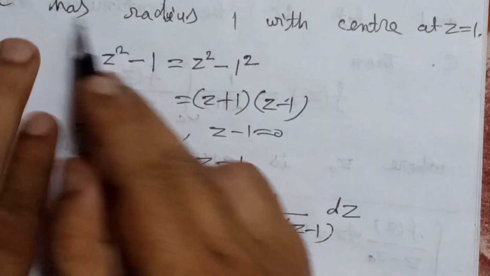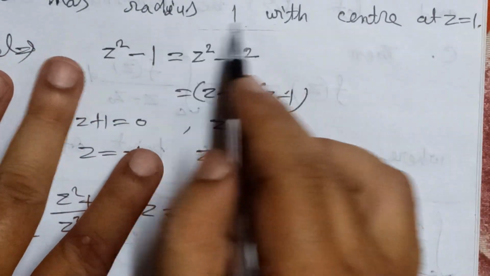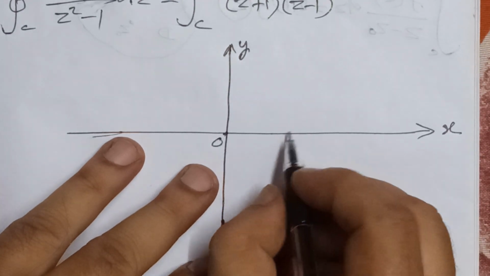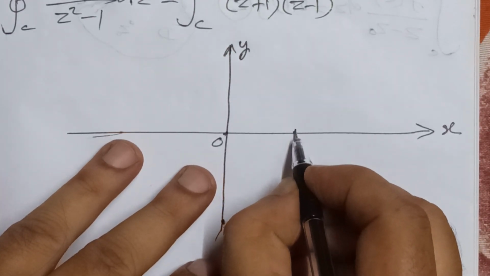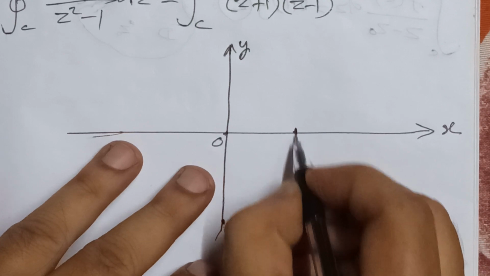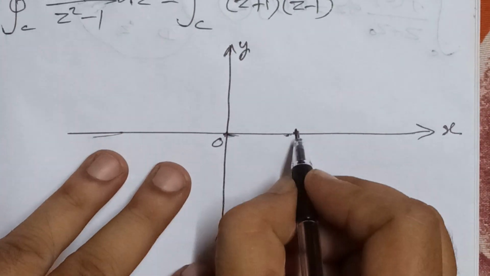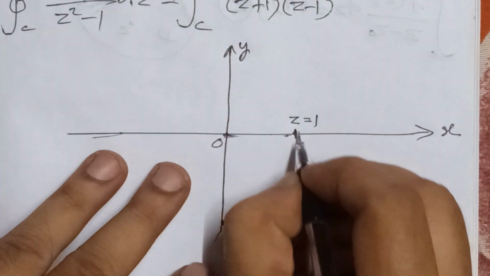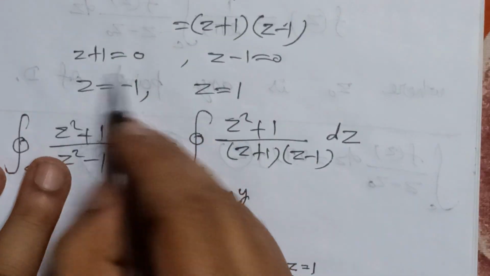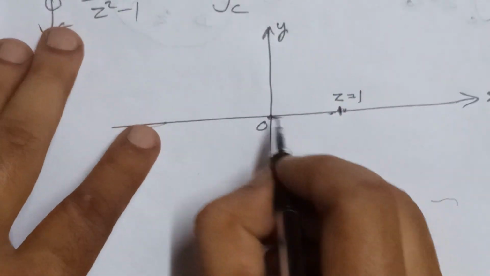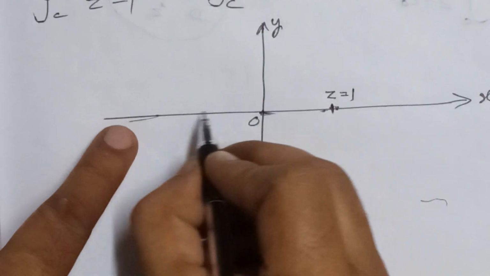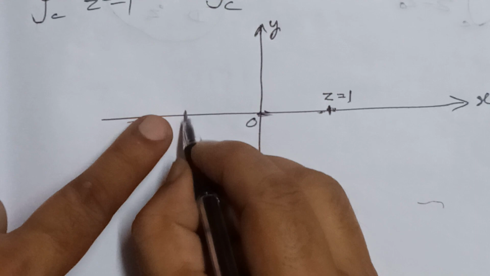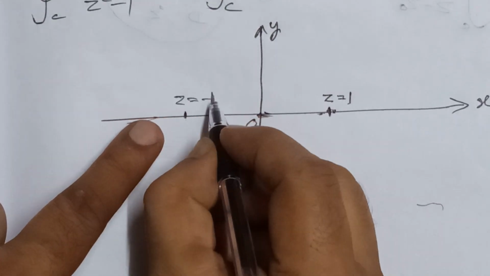We are given that C is a circle with center z is equal to 1. z is equal to 1 is real, which is on the x-axis in the positive direction at length 1. This point is z equal to 1. Also we indicate the point z equal to minus 1 on the left hand side of the x-axis at length 1.